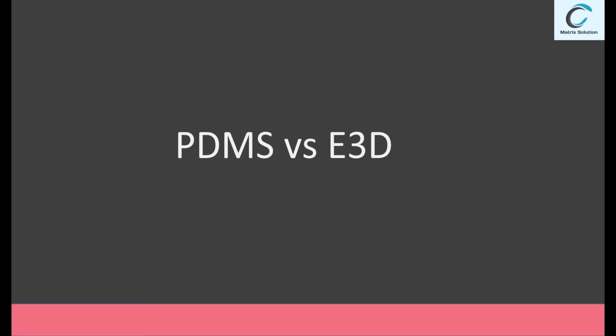If your database is operated below that version, that project is not compatible in E3D. And above that, the same database of PDMS can be worked upon in E3D as well. So on the same files, you can work with both applications, PDMS as well as E3D.